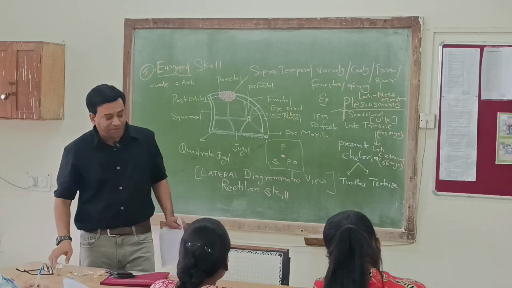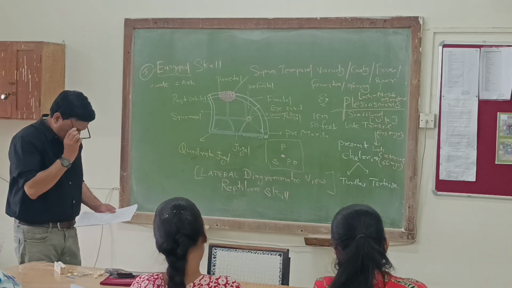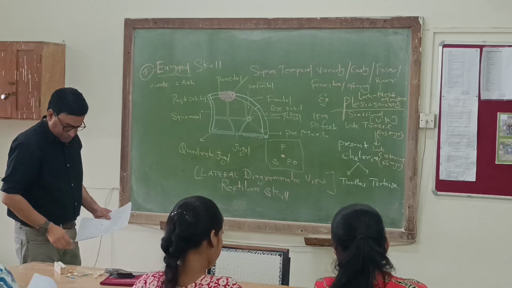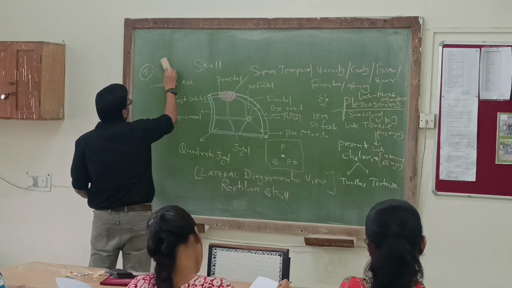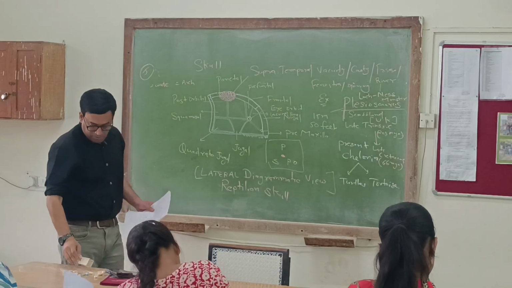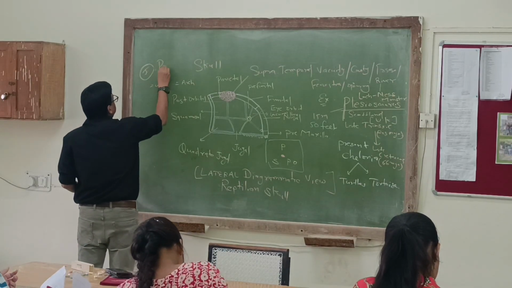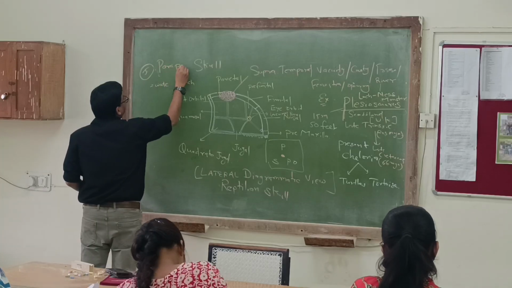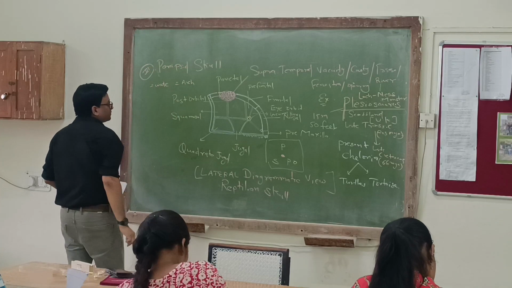Okay, so now we will come to another category, and the name of the skull is, write down, what? Parapsid skull. Draw another skull, the parapsid skull. This will be the third category.